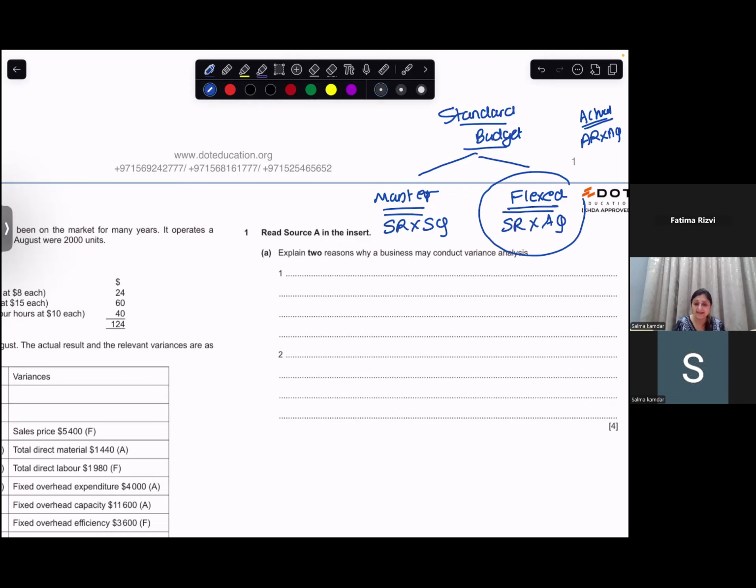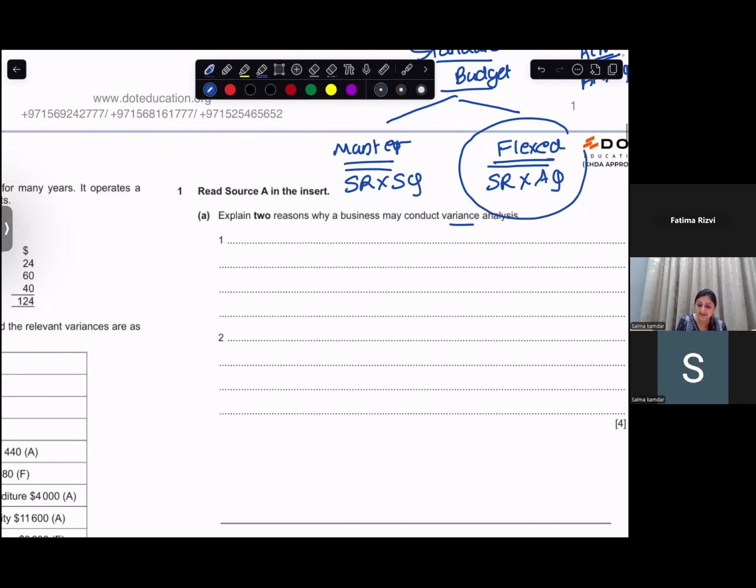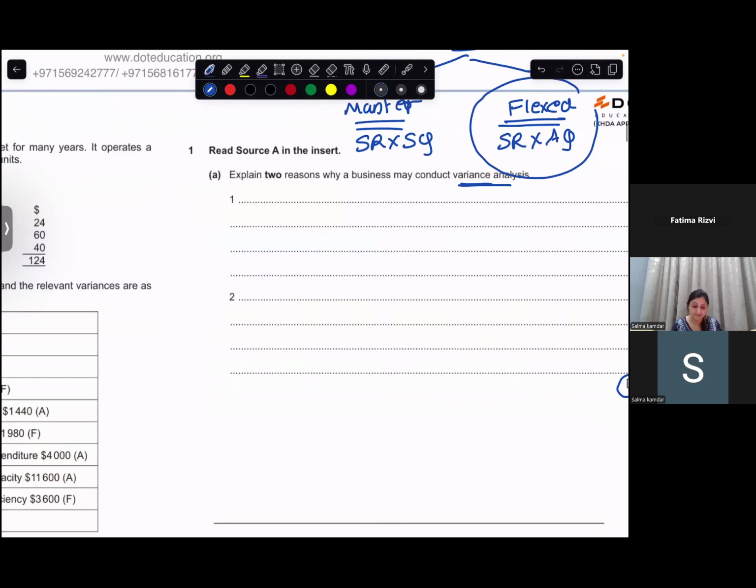So why does a business conduct variance analysis? You need 2 points. Because they want to set their budgets. Budget is set. I'm doing variance analysis. Why do I do the variance analysis?